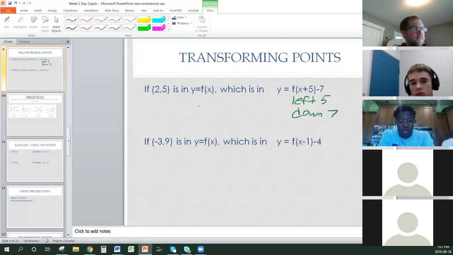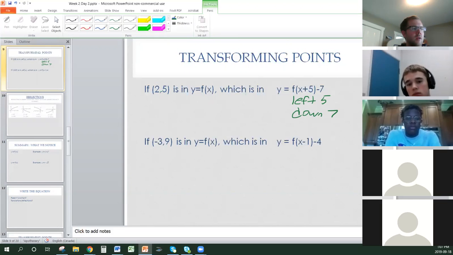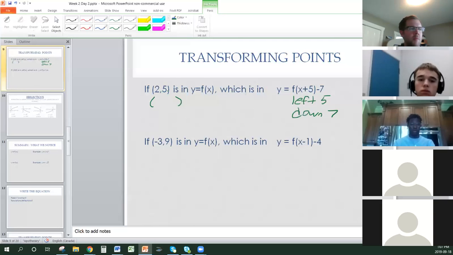So Freddie, when we have the coordinate 2, 5, and we are moving it to the left 5, where is that coordinate now? Sorry, what was the question? So when the coordinate is 2, 5, and we are moving that point to the left 5, where is the coordinate now?